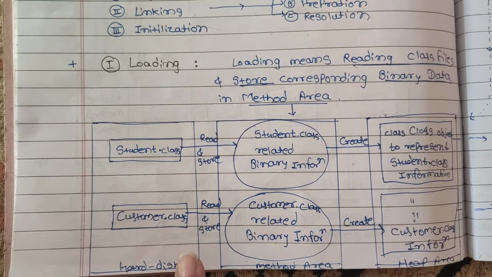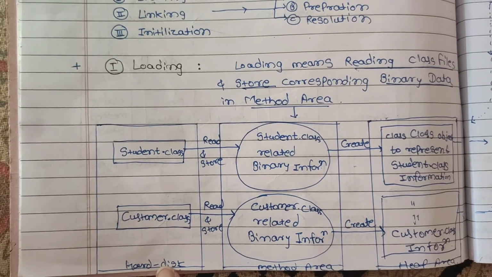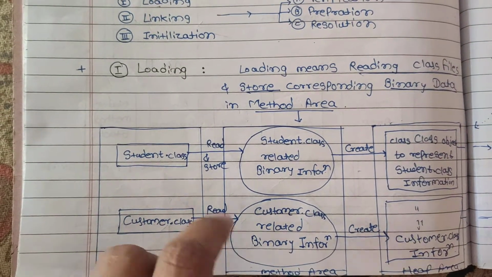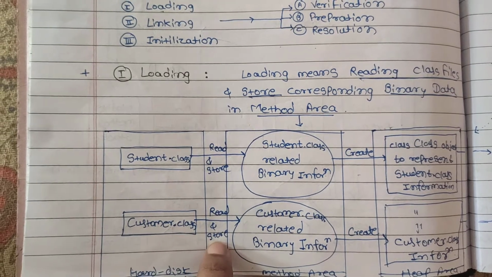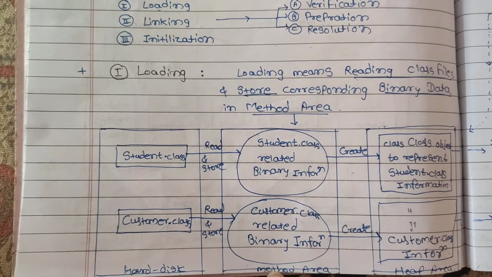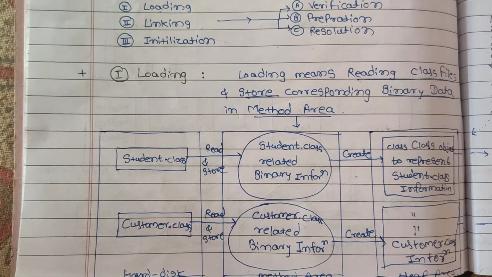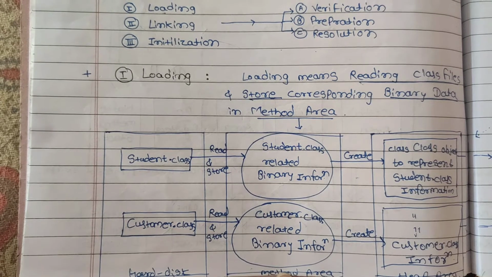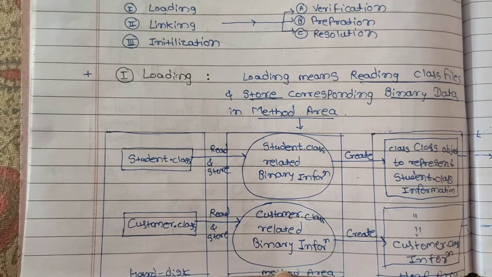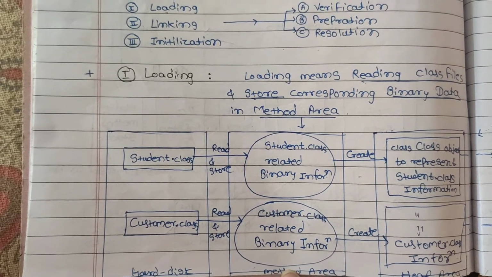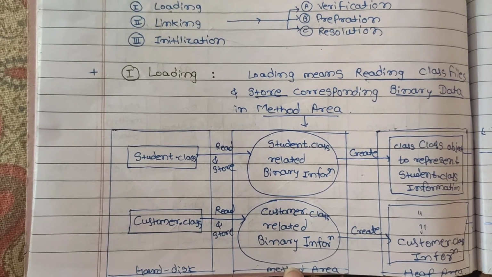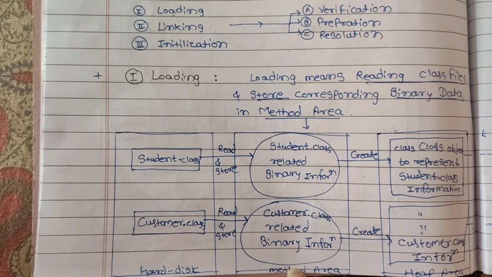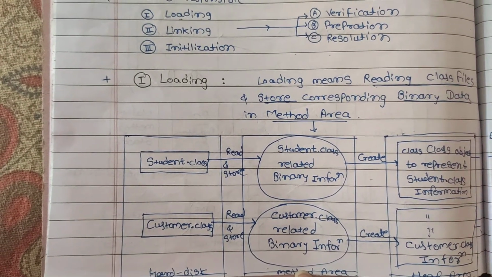These .class files are stored in your hard disk, but your class loader subsystem will read this .class file and store it into the method area. This method area is present in JVM memory. In our previous part we saw that the method area is one of the memory areas of JVM.